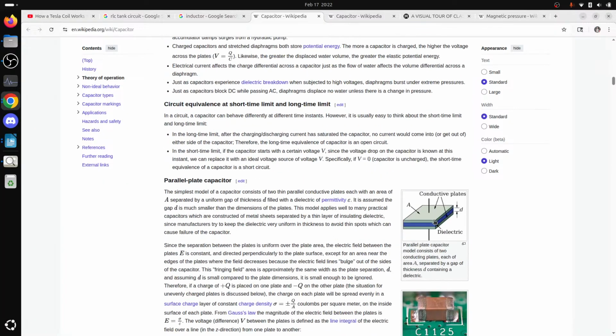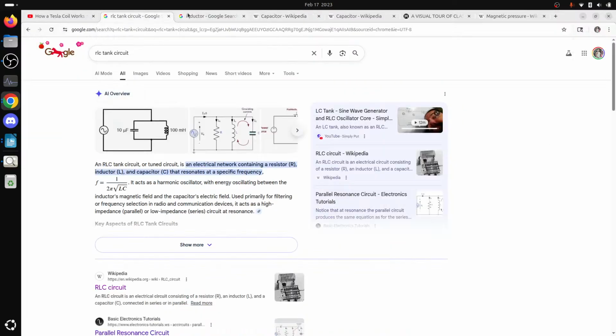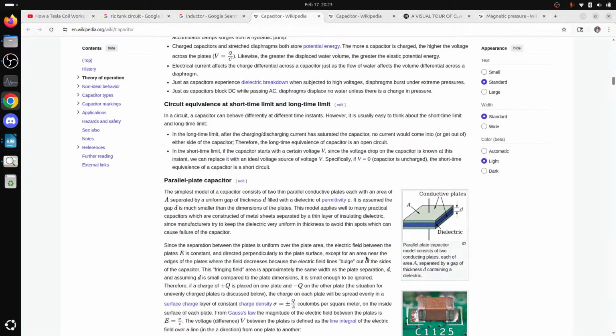A conductive plate, another conductive plate, and a dielectric separating it in between. So if this is the Earth and this is the stratosphere, the dielectric in between, that's the air, the clouds, whatever dielectric stuff that is resisting the flow of electricity. That's what everything has in common on Earth's surface, is resistance.